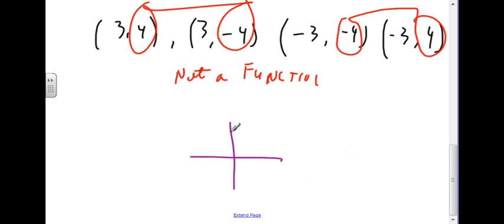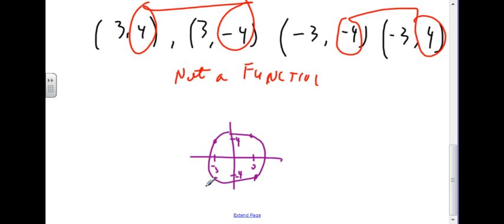So this could be the equation of a circle, right? Could be that. And there's 3 giving me a plus 4 and a minus 4. And here's a minus 3 giving me a minus 4 and a plus 4. So that's entirely possible, but a circle is not a function. A circle is a circle.